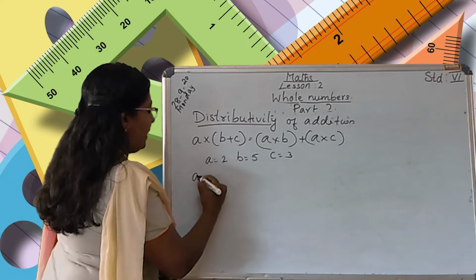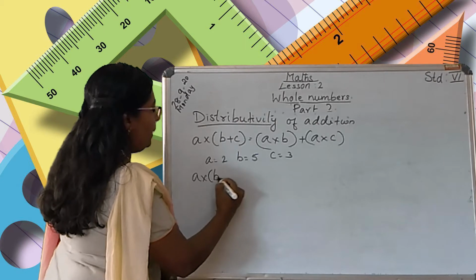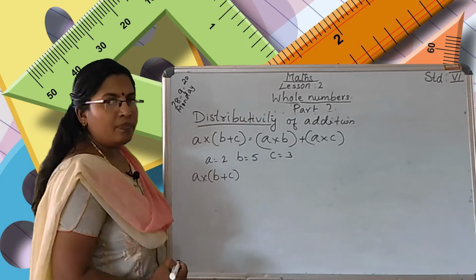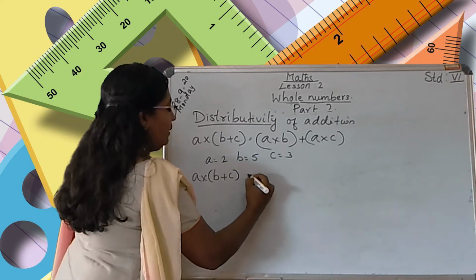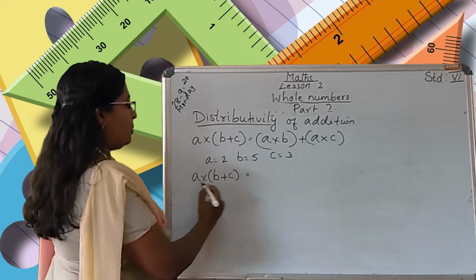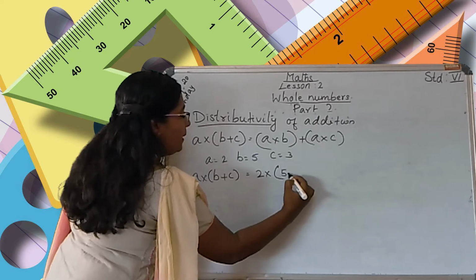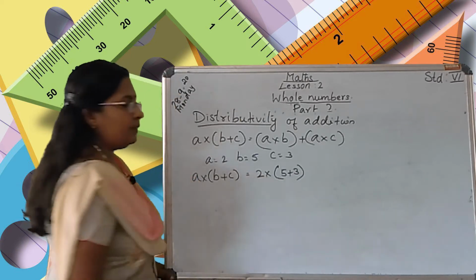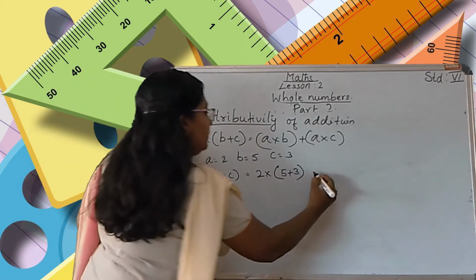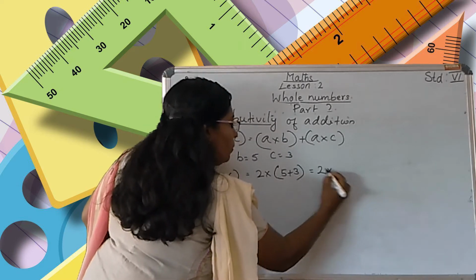First write A into B plus C, that is equal to A. How much? 2. 2 into 5 plus 3.